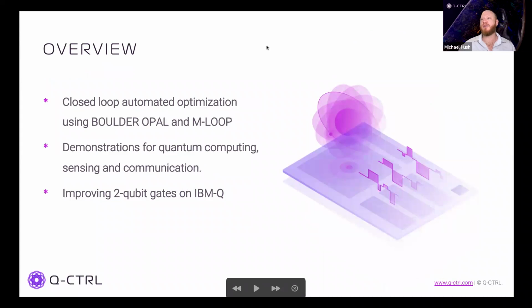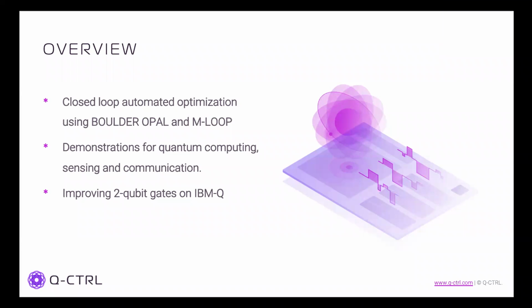So the actual presentation itself, we're going to split it up into 3 sections. The first section, we're going to introduce the new feature in Boulder Opal, which can be used to do closed loop automated optimization using our cloud services, and show you how you can combine that with mloop, a nice open source package, which makes the integration into your particular experiment a lot easier.